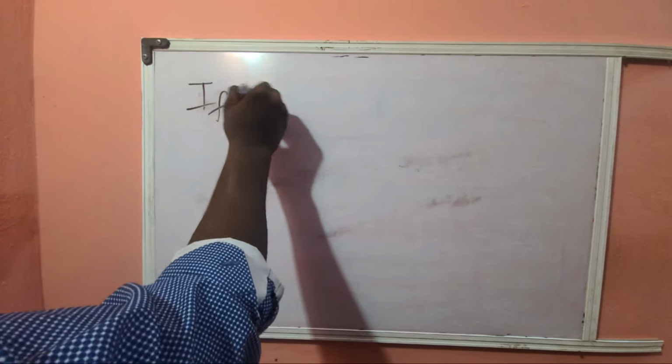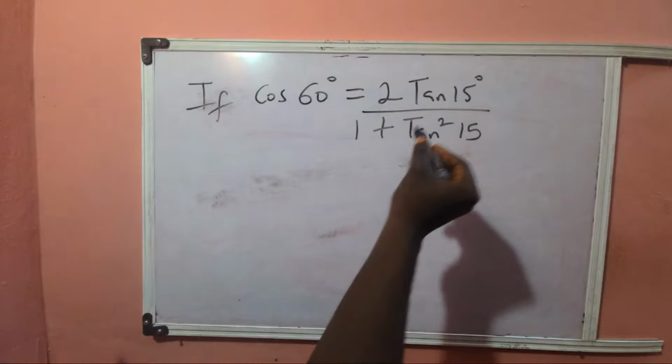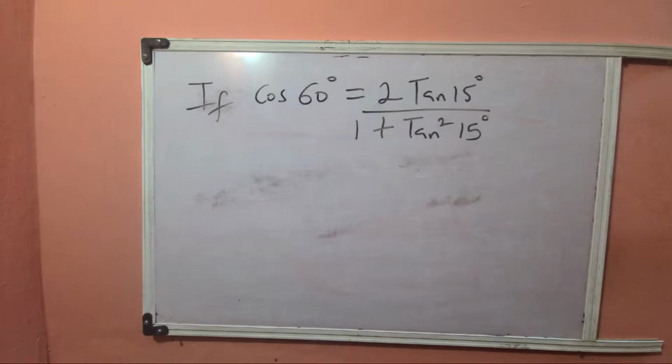You were told that this came out last year, this was one of the questions that came out in 2025 JUPEB. And this is a theory question, by the way, and it carried 5 marks. So this question carried a total of 5 marks.